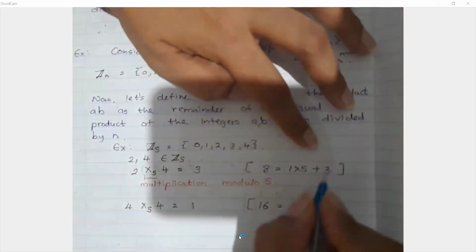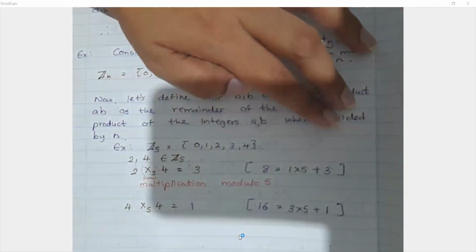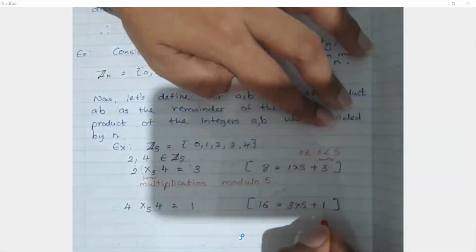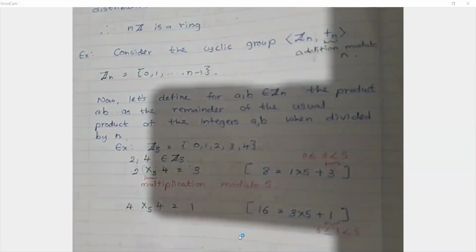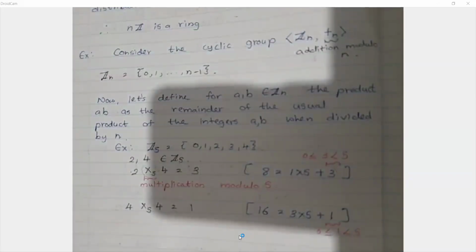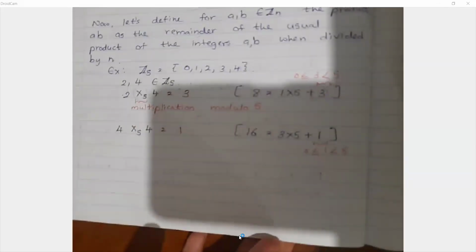In this case, the remainder must be between 0 and 5. Using the division algorithm, it's easy for us to see Zn is closed under multiplication modulo n, right? Let me write it out.